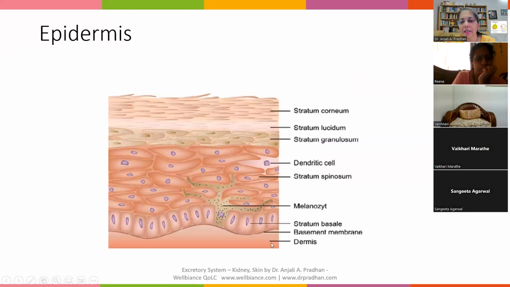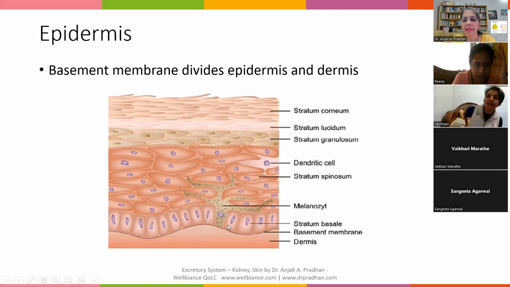See, here is the dermis, here is the connective tissue. Correct? Here is the connective tissue. These are the cells. They are the basement layer, base layer. It is stratum basale. This black line is the basement membrane that separates epidermis and dermis.